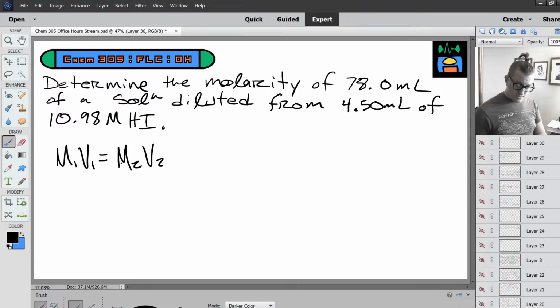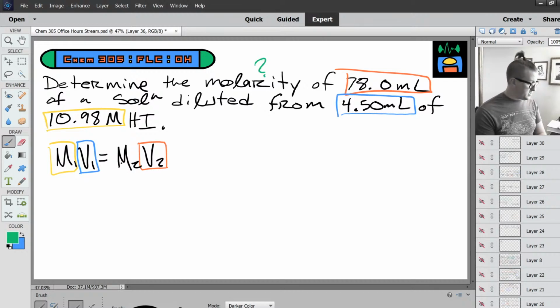This is our V2, here's our V1, and here's our M1, and we're asked to find that final molarity.